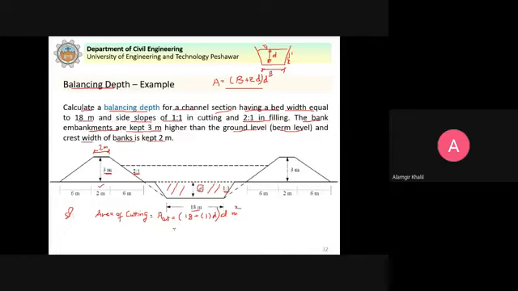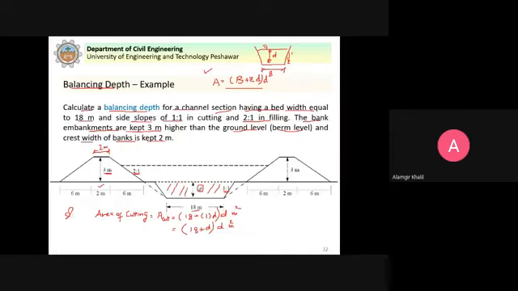So if you simplify here, this will be equal to 18 plus D into D square meter.